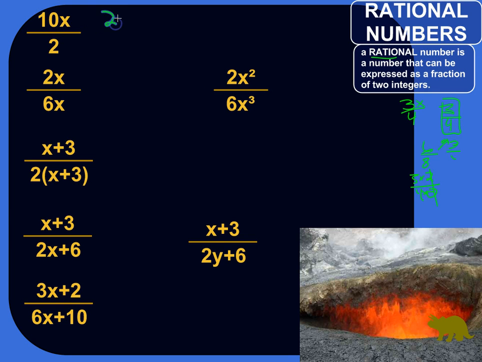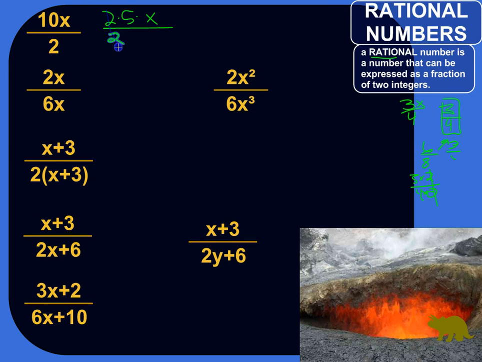I could write it as 2 times 5 times x. So 10x I can rewrite as 2 times 5 times x. And 2, that's as far as it goes. I could rewrite it as 1 times 2, but that's not going to get me anything, so I won't do it.